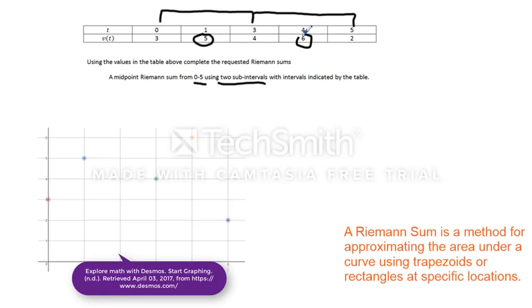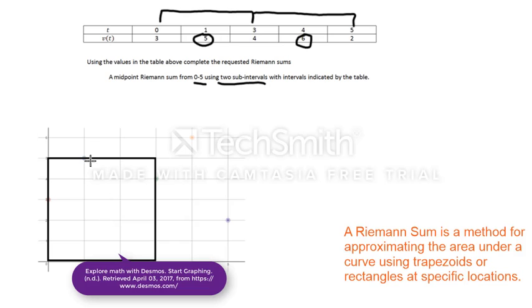Okay? So now, I can get this right from the table, but visually is going to help out as well. I'll notice that my first rectangle needs to go from 0 to 3. So 0 to 3, this is going to be my rectangle. And the height of this rectangle is given by the point in the middle of the interval.